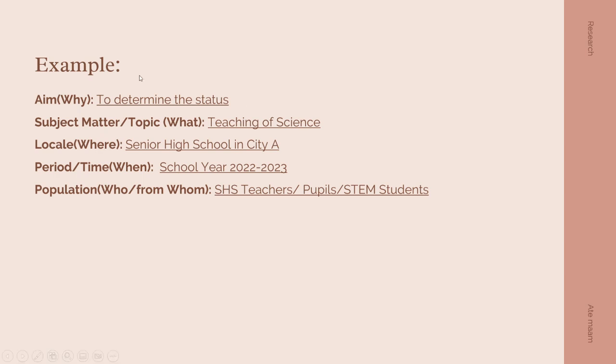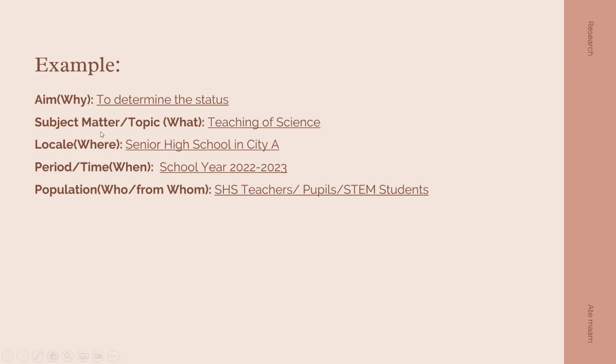So if you have your why, which is your action verb, your action that you will do to the topic that you are proposing. Another example is the growth of the specific plants, or the teenage pregnancy, or another topic could be the ability of the parents to sustain their children's needs. So anything, any topic that you want to focus on in your study.